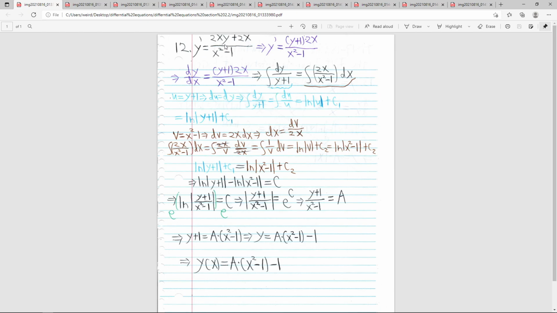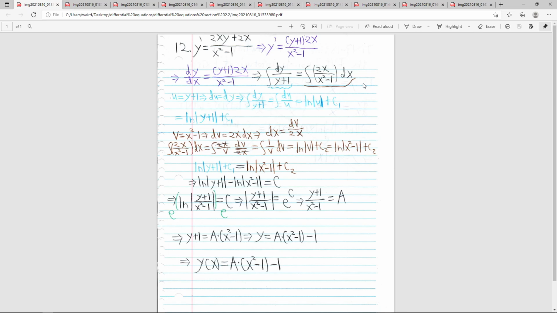We have y prime equals 2xy plus 2x divided by x squared minus 1. So to simplify a little bit, we distribute out the 2x, so it's y plus 1 times 2x divided by x squared minus 1. Now the math starts, you have your separation of variables. You divide y plus 1 out from both sides.